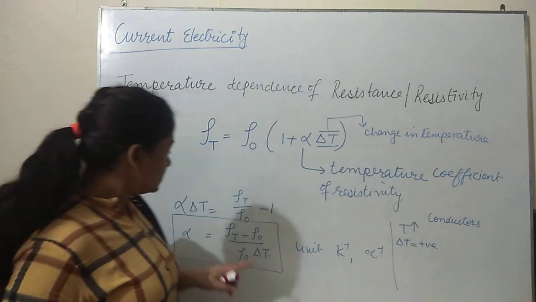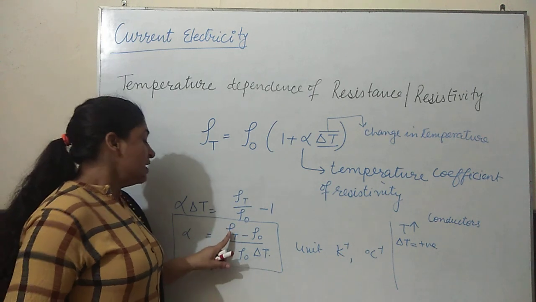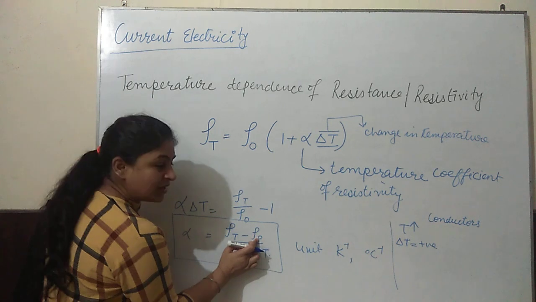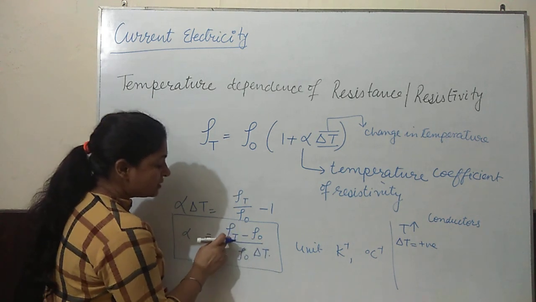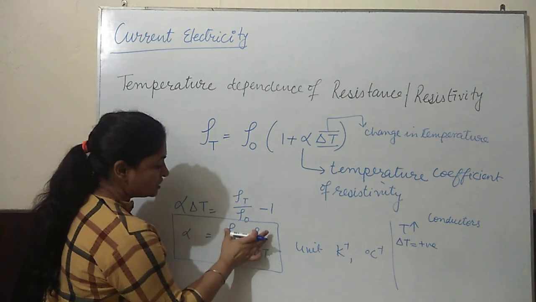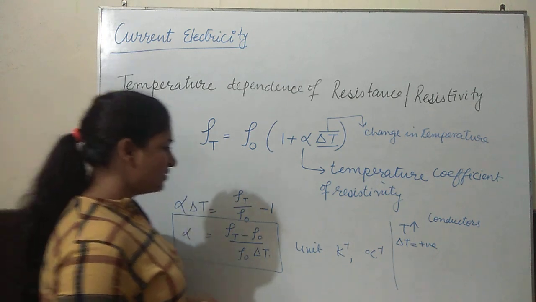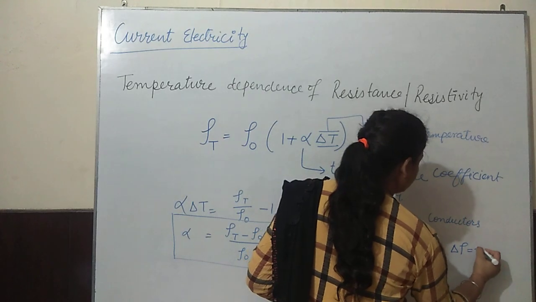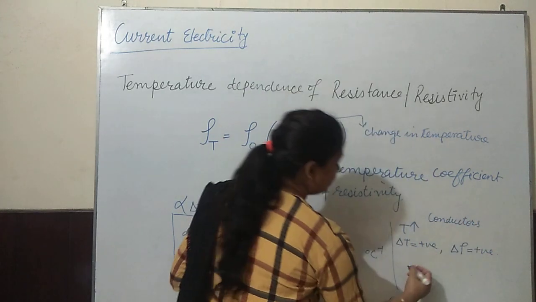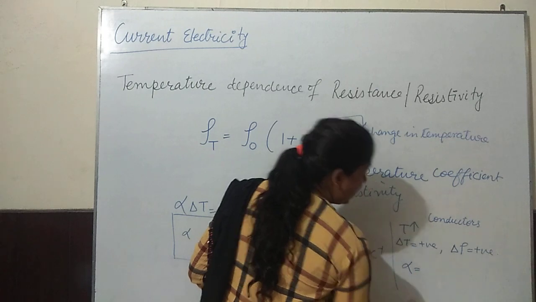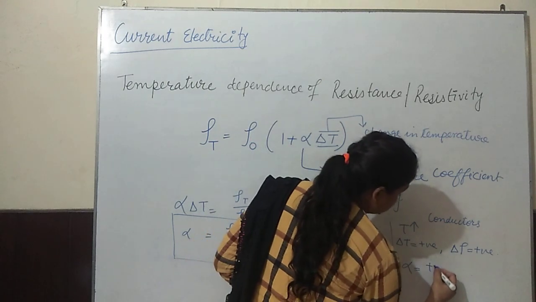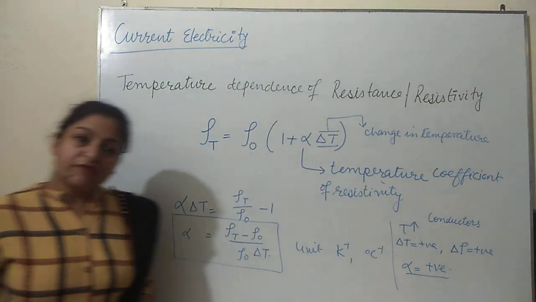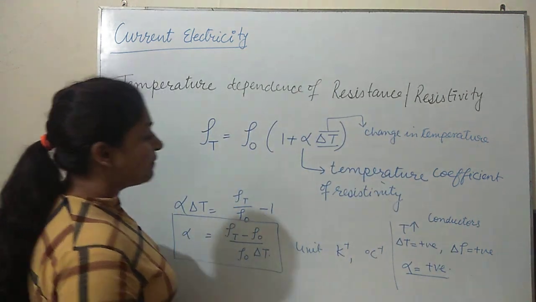In case of conductors, when you increase the temperature, resistivity will also increase. So the initial value of resistivity is less, the final value is more, so this will become positive. This is already positive, so the change in resistivity is also positive. So for conductors, alpha is positive.